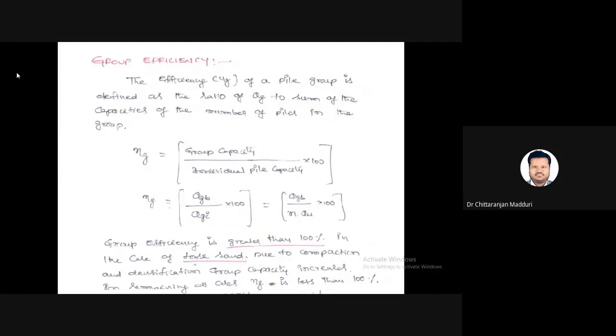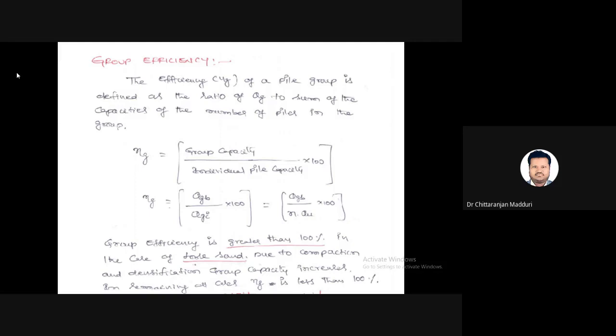So the next topic is group efficiency. The efficiency of a pile group is defined as the ratio of group capacity to individual pile capacity. Group efficiency is greater than 100% in the case of loose sand because of compaction and densification, so group capacity increases. In all remaining cases, driven sand, bored pile, driven pile, whatever the case may be, group efficiency is less than 100%.